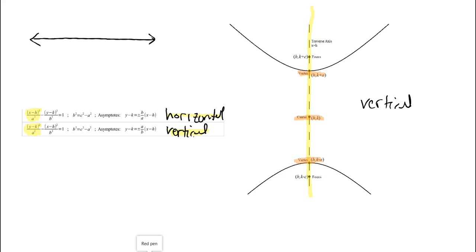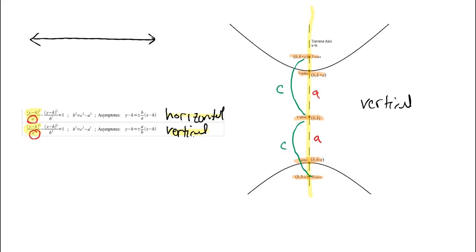and the vertex will be a distance A away from the center, and you can see that A is in both of those equations under the positive term. And then we also have foci, and those foci will be C distance away from the center.